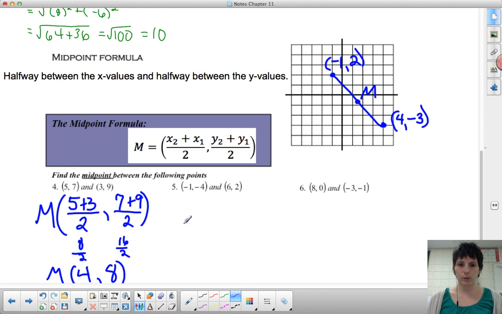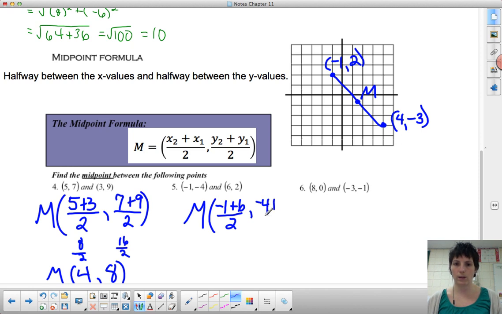In number 5, we're trying to find the midpoint, so we can call it point M. We need to do x value plus x value divided by 2. And then we do y value plus y value divided by 2. Negative 1 plus 6, well, that's 5 over 2.